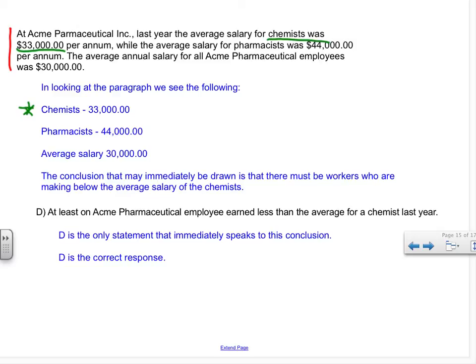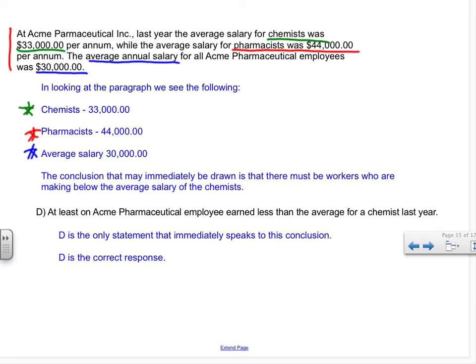We can also determine that the average salary for pharmacists was $44,000, and we can write that down here. And we know the average annual salary for all the Acme Pharmaceutical employees was $30,000 a year. And we write that down here.